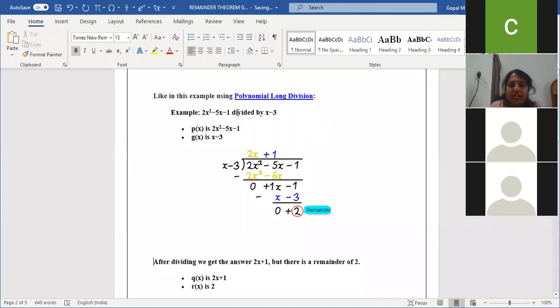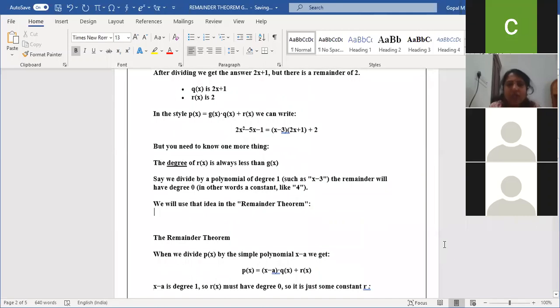So first I'll complete this long division method. In this, 2x square minus 5x minus 1 is the dividend, the quotient is 2x plus 1 and the remainder is 2. Anyone have doubt, children? Just recall, we'll apply this in the division algorithm: P of x equals G of x into Q of x plus R of x.